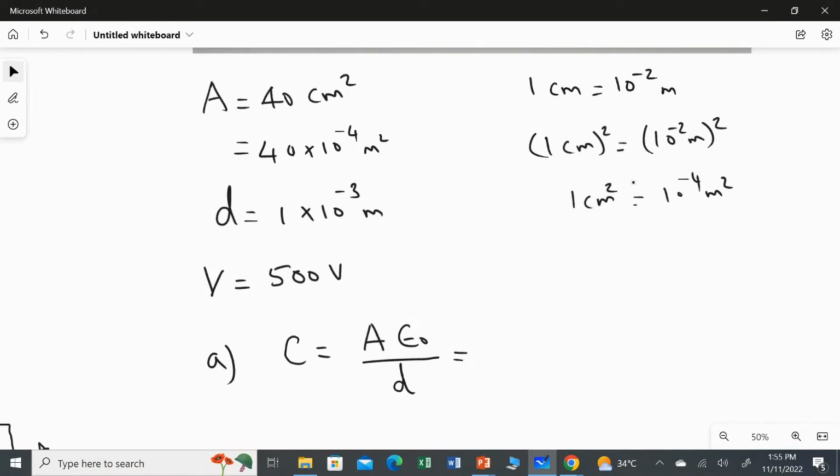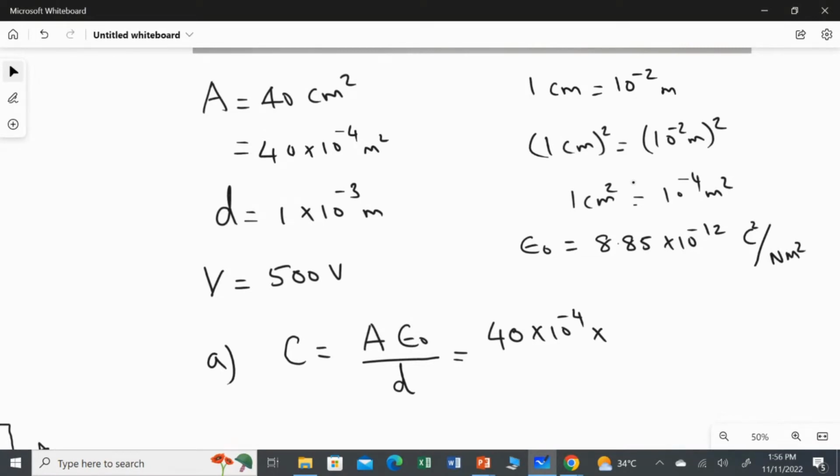The area of the parallel plate capacitor is given as 40 centimeter square, which is 40 multiplied by 10 power minus 4 meter square, multiplied by epsilon naught. What's the value of epsilon naught? The permittivity of free space is a constant, 8.85 multiplied by 10 power minus 12 Coulomb square over Newton meter square.